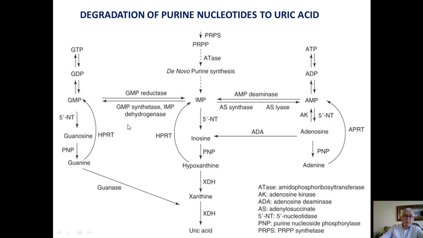Both nucleotides, guanine or adenine nucleotide, must go to uric acid in the degradative way of purine metabolism. And there are a lot of problems related to the purine degradative way. We will look at what these problems are.